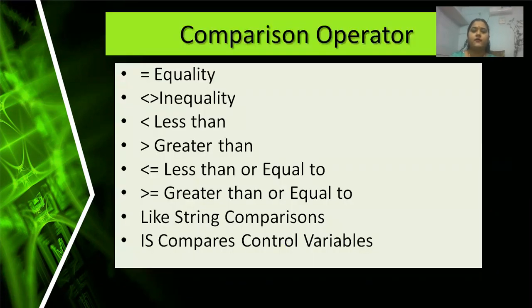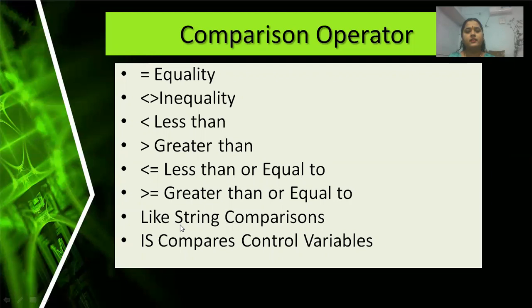The second type of operator is the comparison operator. In comparison operators, there are various operators we use, like equality, inequality, less than, greater than, less than or equal to, greater than or equal to.